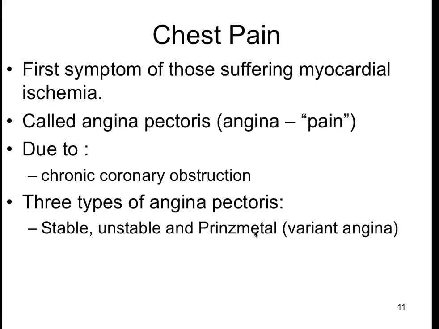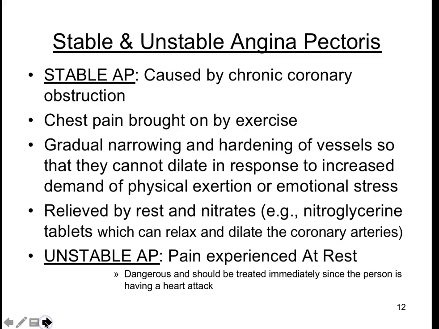His name was Professor Prinzmetal. And it tends to be more commonly called Prinzmetal than variant angina, but either one works. And on the exam, I would put something like Prinzmetal in parentheses, variant angina. It's nice to have an objective exam where you don't have to learn how to spell these things.